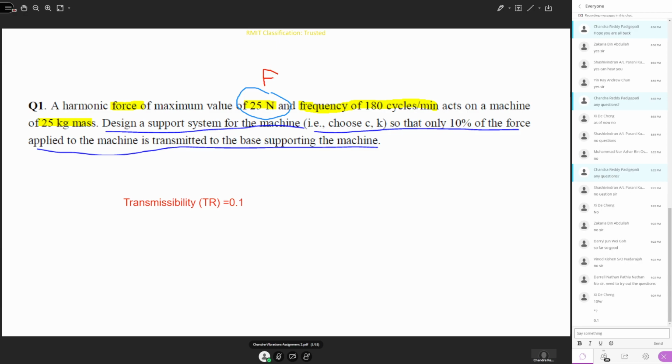So the external frequency is 180 cycles per minute. So you need to convert this 180 cycles per minute into omega.